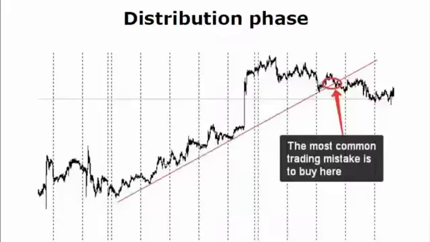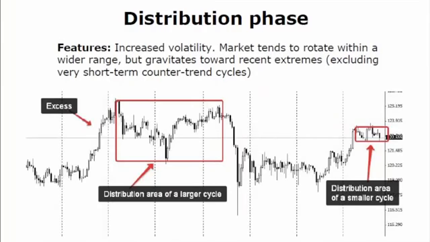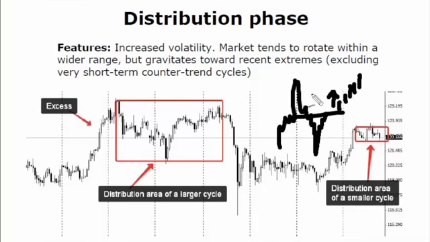more difficult. Your trade location within this phase can be either the center of the trading range, like here, or a recent extreme. For example, it can be a local high for an ascending movement or a local low for a descending movement. The first type of trade has to be a breakout momentum trade. For example, you see the high, you see the pullback, and you can execute a momentum trade in the direction of the break, in the direction of the trend.